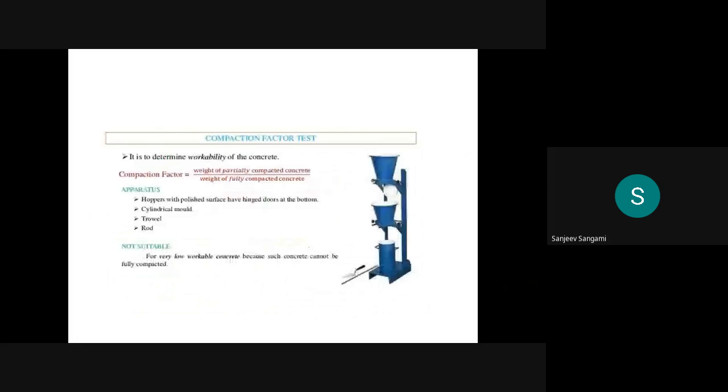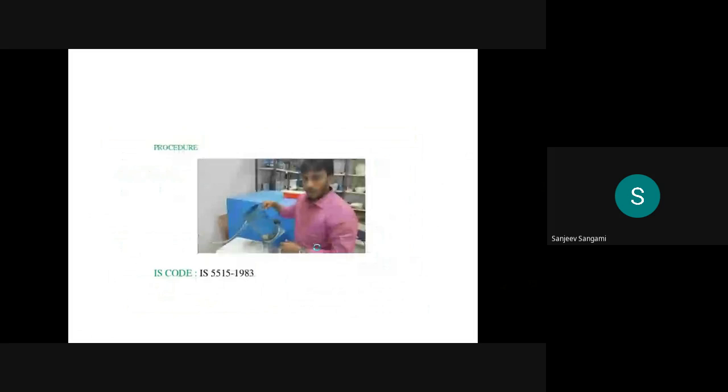Then the compaction factor test. Just refer to this, because you already covered it in UG as well as last year's lab. Possibly when the class starts, we will have the demo in the lab also.